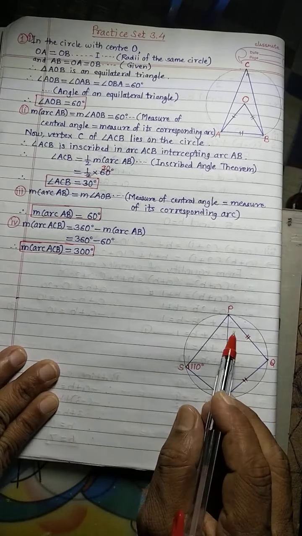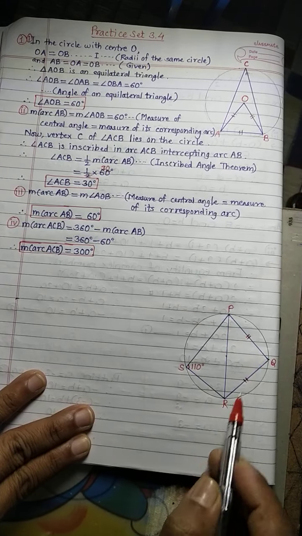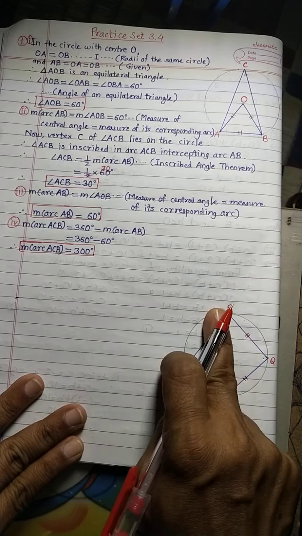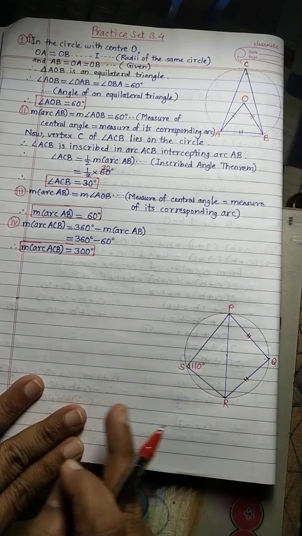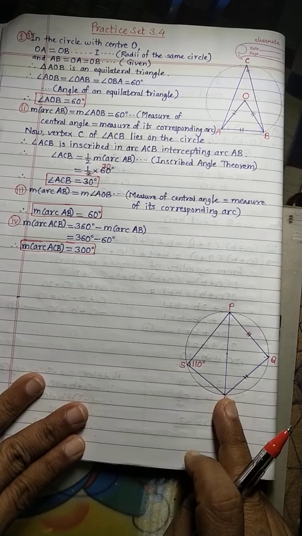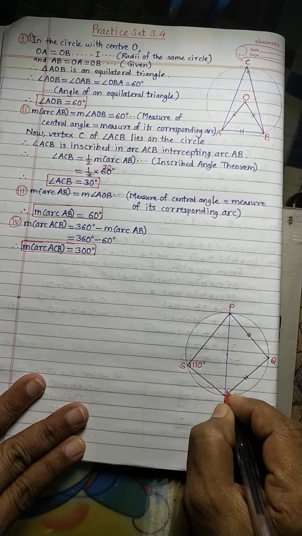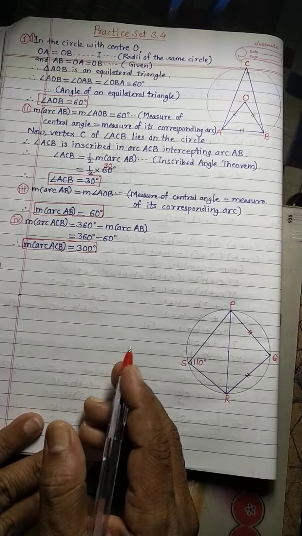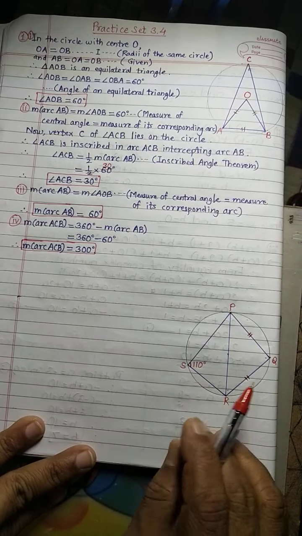first of all, the measure of angle PQR, this one. Then second, measure of arc PQR. Then measure of arc QR also. And the last one is measure of angle PRQ, meaning this one. Okay, so here quadrilateral PQRS is a cyclic quadrilateral.